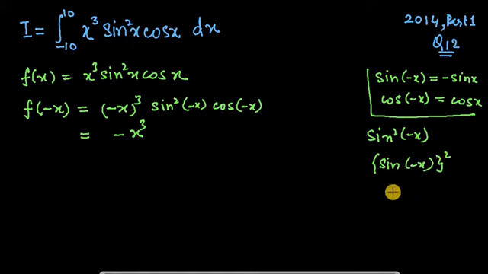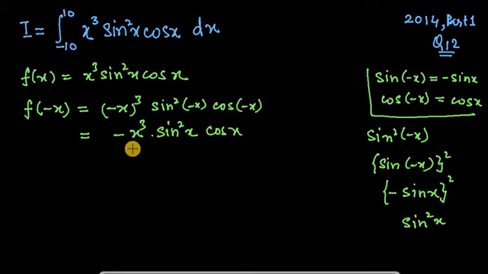So sine of minus x is minus sine x, and the whole square of minus sine x, minus multiplied by minus to the power even, will be plus, so it is sine square x. And cos of minus x is cos x. So we can now see that this is equal to minus x cube into sine square x into cos x, and x cube into sine square x into cos x is basically equal to f(x).